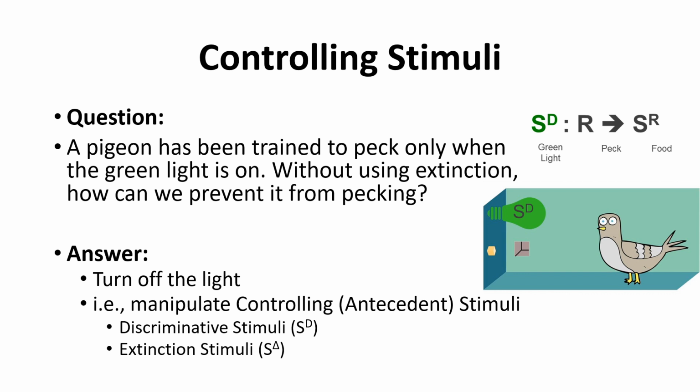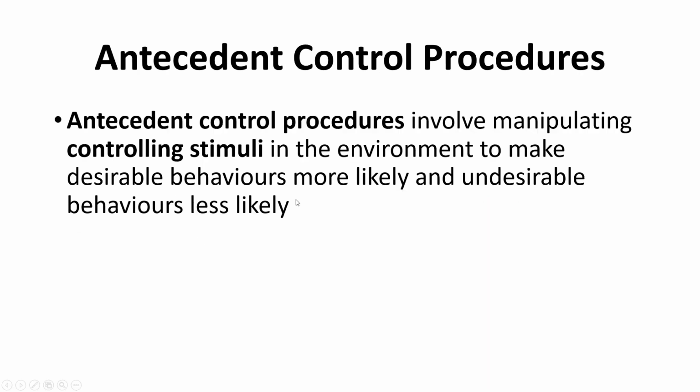So by switching the environment from an SD to an S delta, we have effectively manipulated the controlling or antecedent stimuli that are influencing that pecking behavior, that operant response. So we can actually change the likelihood of that behavior occurring simply by affecting our antecedent stimuli.